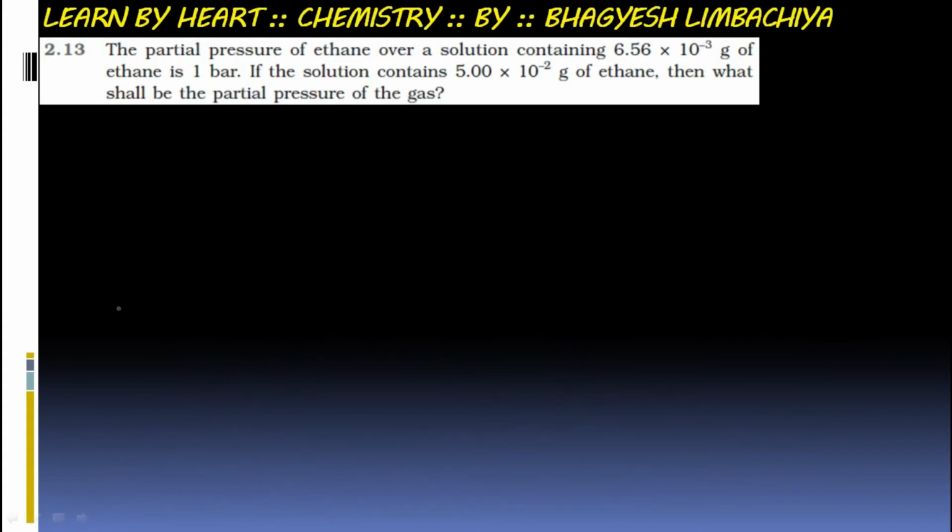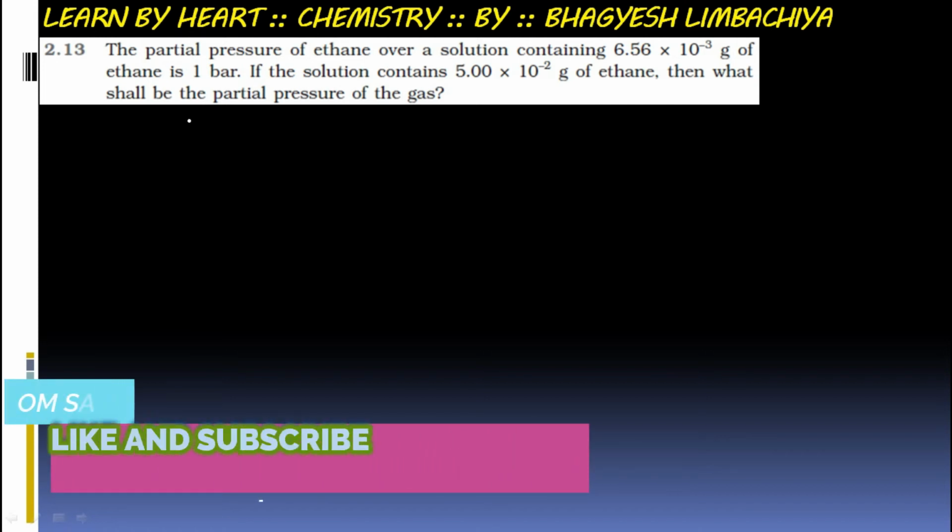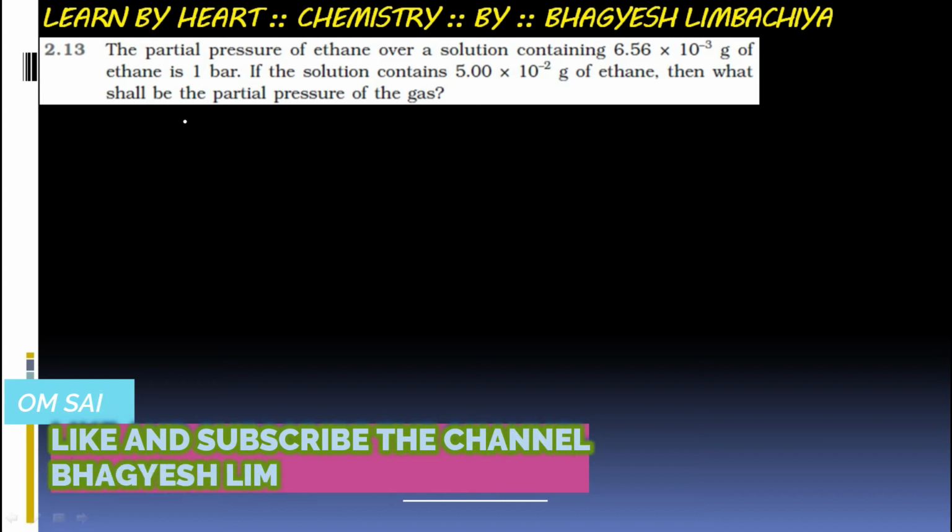Next question. Now in this question you are given that the partial pressure of ethane over a solution containing 6.56 into 10 raised to minus 3 gram of ethane is 1 bar. Means P is 1 bar.